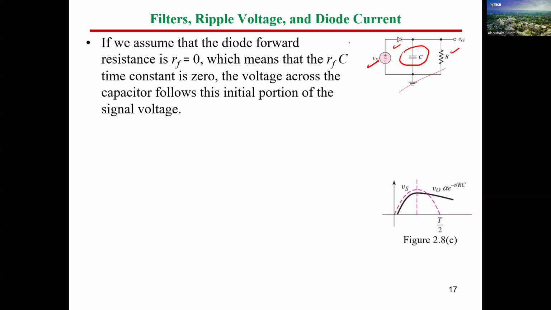RFC means the RF of the diode and the capacitor together will have a time constant equal to 0. So this means the voltage across the capacitor follows the initial portion of the signal voltage, which means the capacitor will be charging with the exact value of your supply.